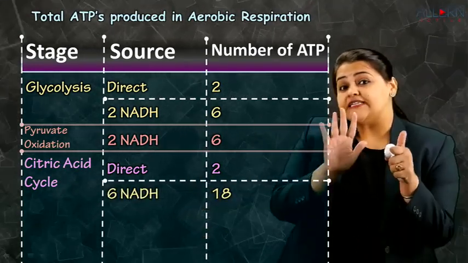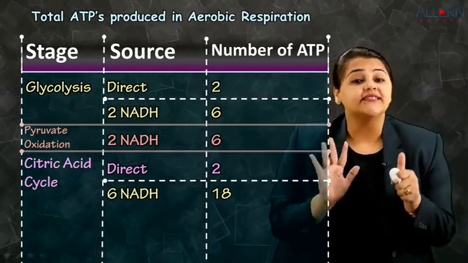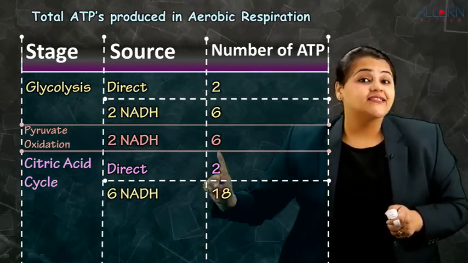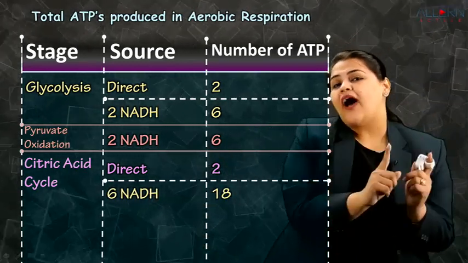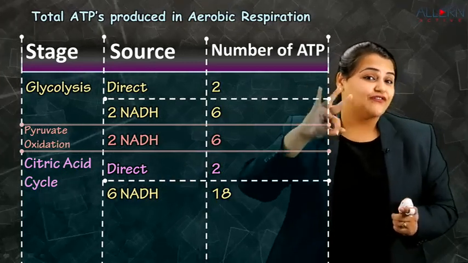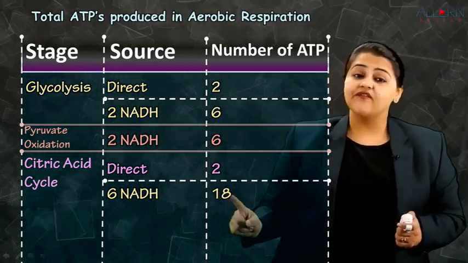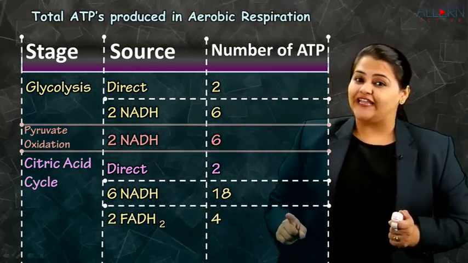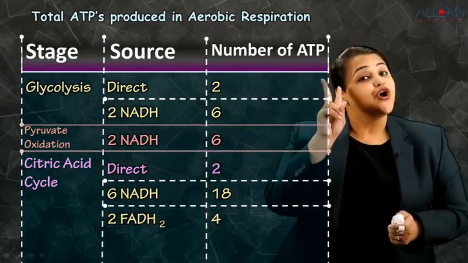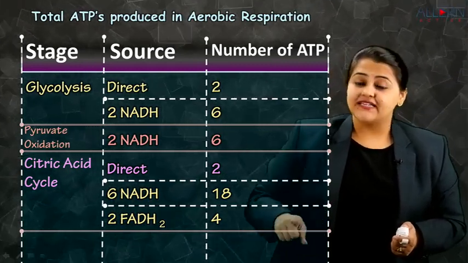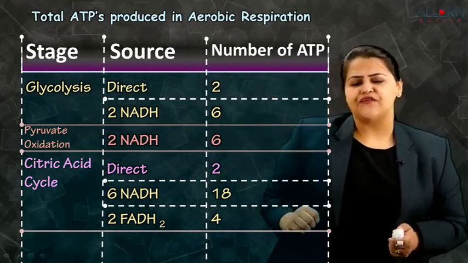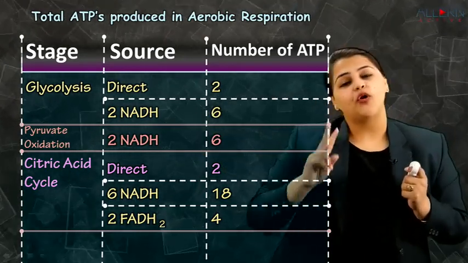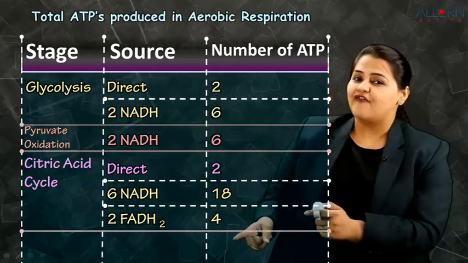Indirect energy, that is, it is going to produce 6 NADH2 molecules, and 6 3s are 18 because 1 NADH2 gives 3 ATP molecules. So it is going to give us 18 ATPs, and then we also produce 2 FADH2. And this is going to fetch us 4 molecules of ATP. Why? Because 1 FADH2 is going to give us 2 molecules of ATP. So 2 2s are 4.